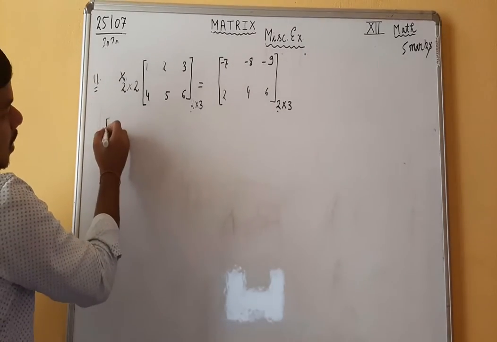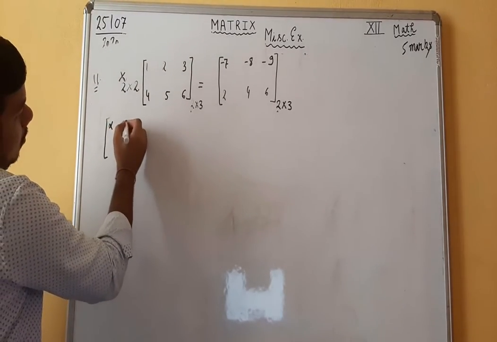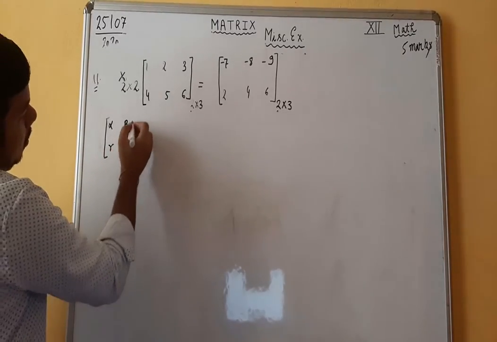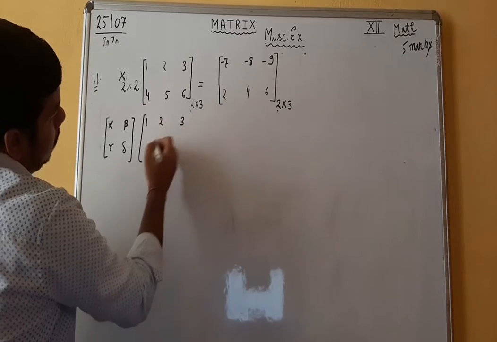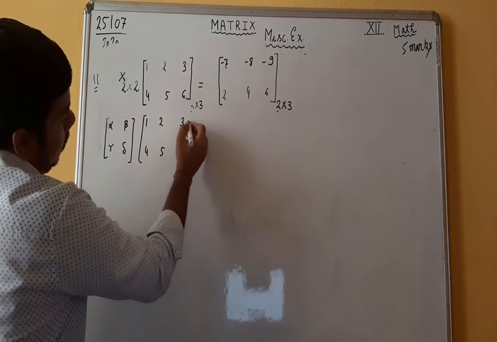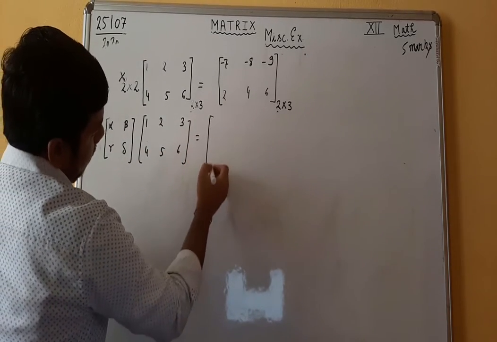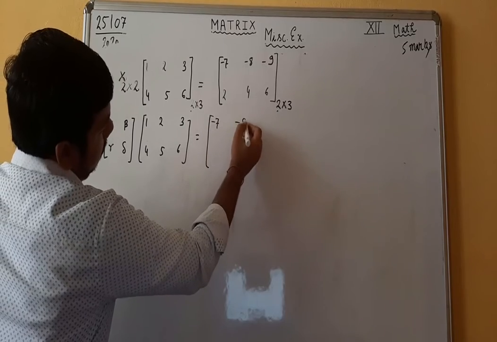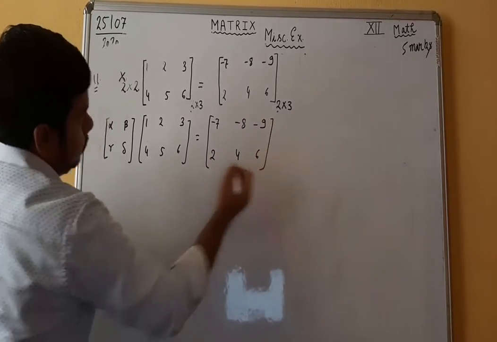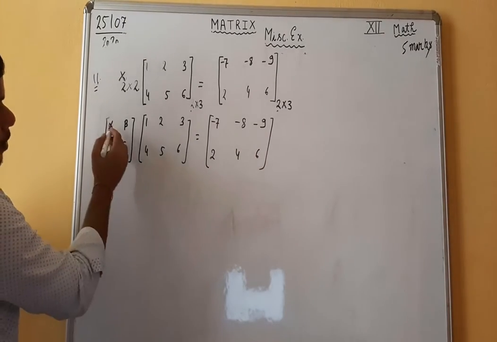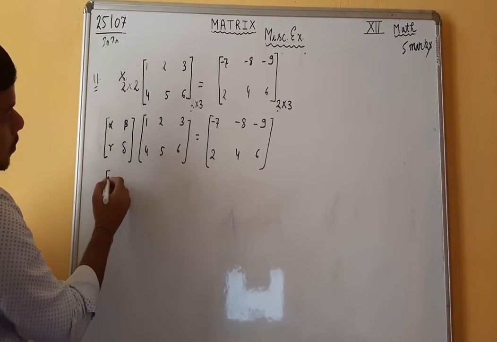So let us suppose that X is equal to alpha, beta, gamma, delta. Right? We have to find these values: alpha, beta, gamma, delta. How can we find these values? Let us see. Just multiply first row, first column.